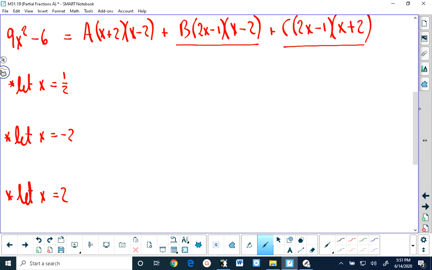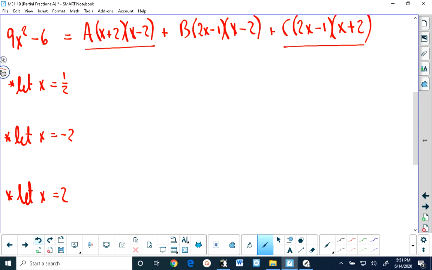When I let x equal -2, this term will go away, and so will the term that contains c, because -2 will make x plus 2 equal to 0 in the first and the third terms, which means when I let x equal -2, I'll be able to find b.